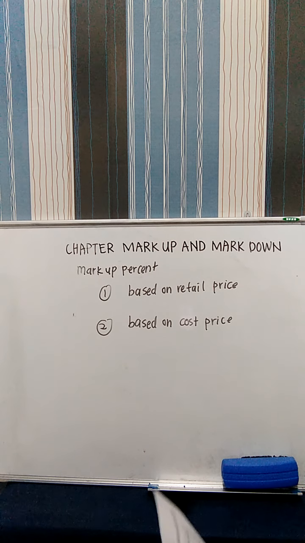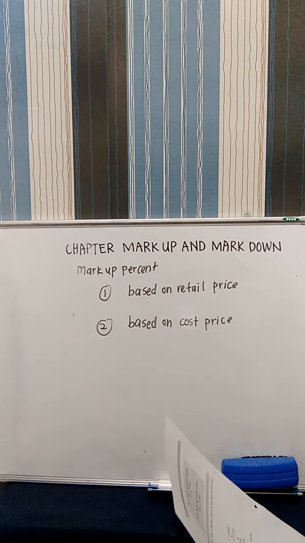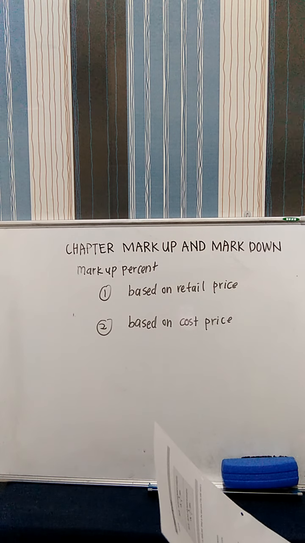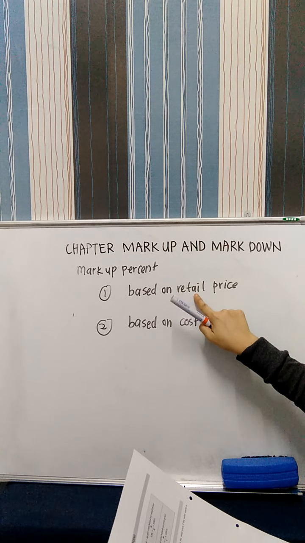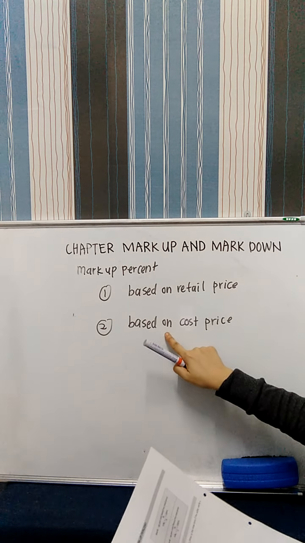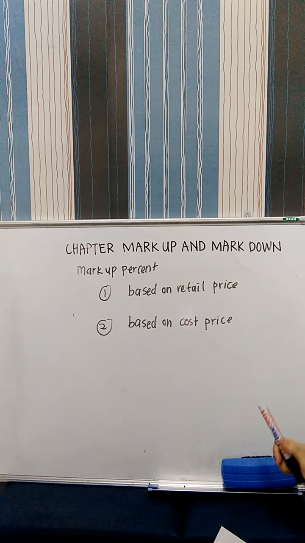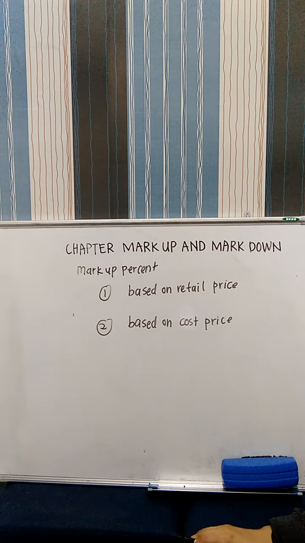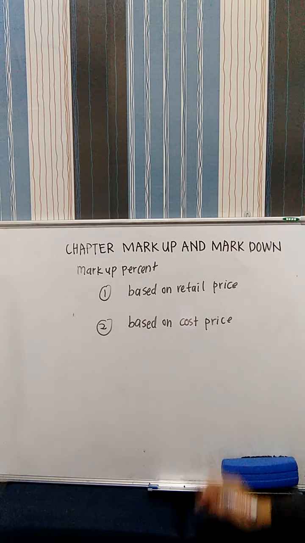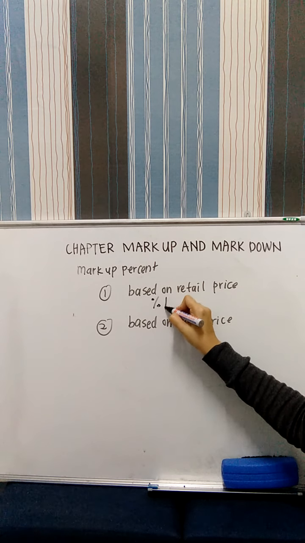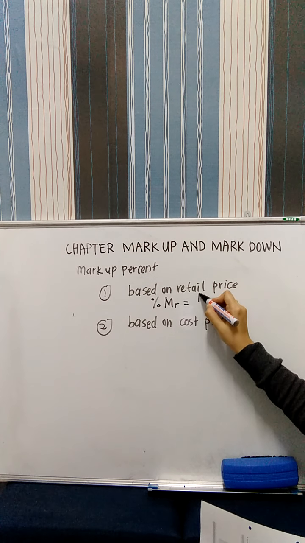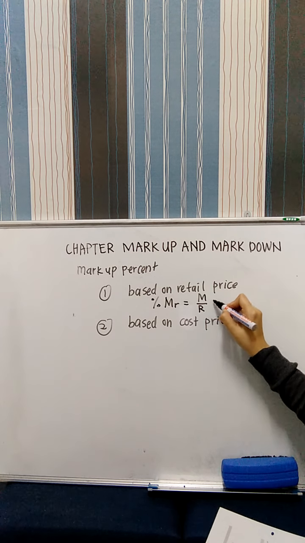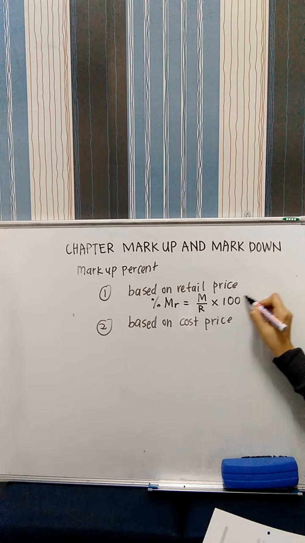Next. Continue to markup percent. For markup percent, we have two formulas. Number 1 is based on retail price, and number 2 is based on cost price. For markup percent based on retail price, the formula is percentage M for retail price equal to M divide R times 100%.